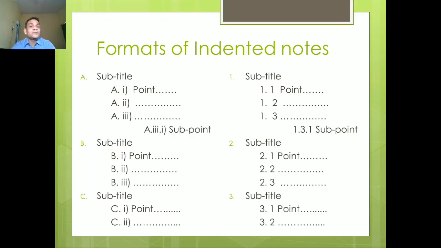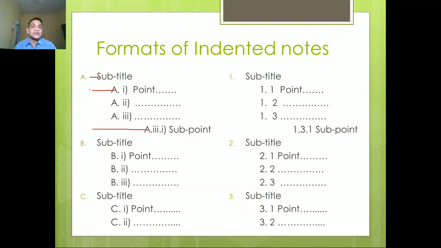And when we move to subpoint A.3.1, the indentation has increased even more. So over here we have this much indent, when we move to points, this much indent, and when we move to subpoints, this much indent. So this kind of indentation is needed from subtitle to point and subpoint.